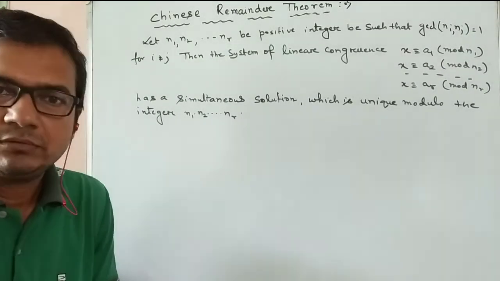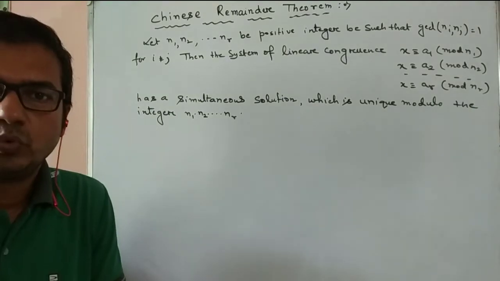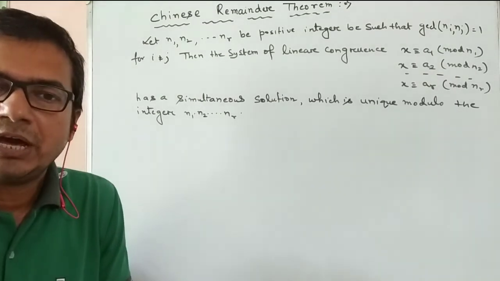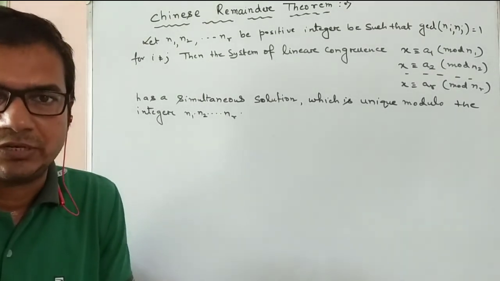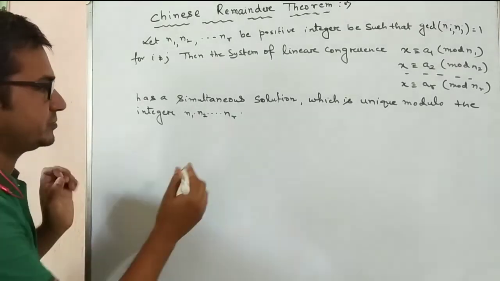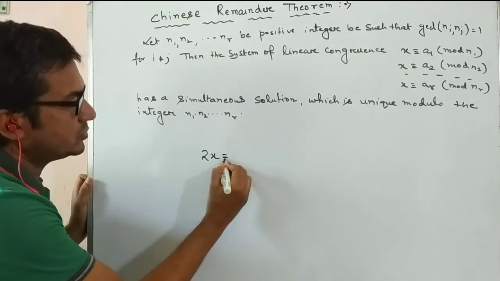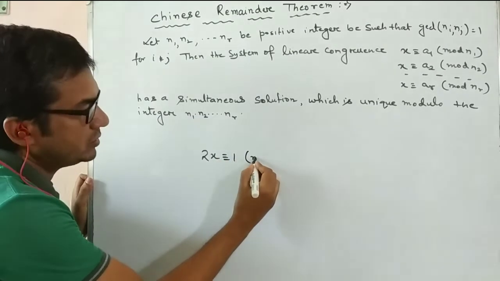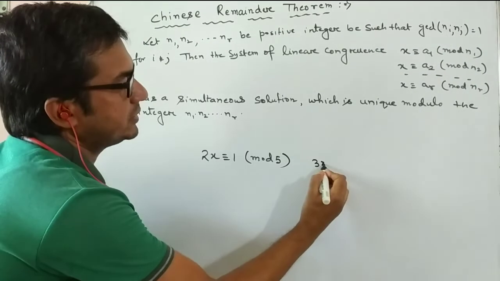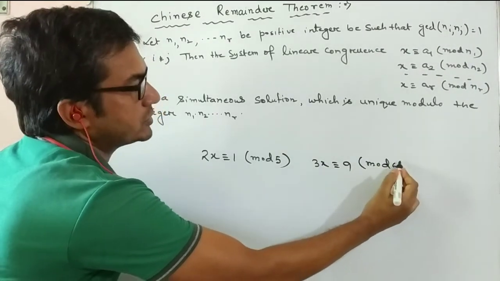Before going to the proof of this theorem, we consider two linear congruence equations in general form as 2x congruent to 1 mod 5 and 3x congruent to 9 mod 6.